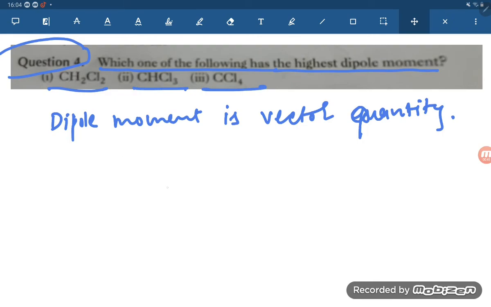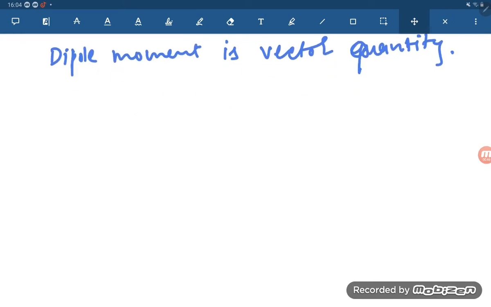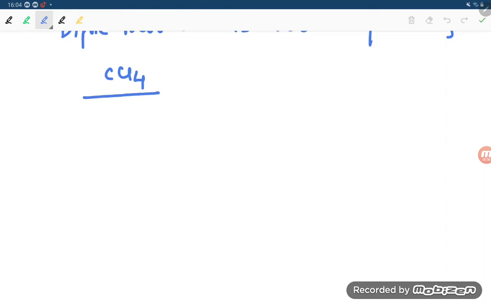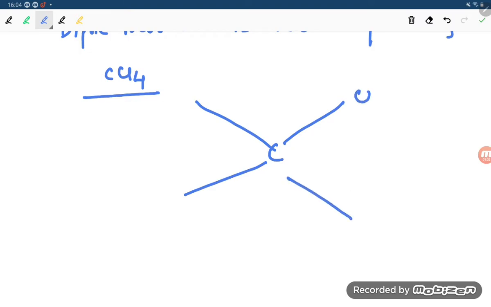Firstly, student, see the structure of CCl4, carbon tetrachloride. When you draw the diagram, you will find that the bonds are all in opposite directions. Suppose there are Cl, Cl, Cl and Cl.